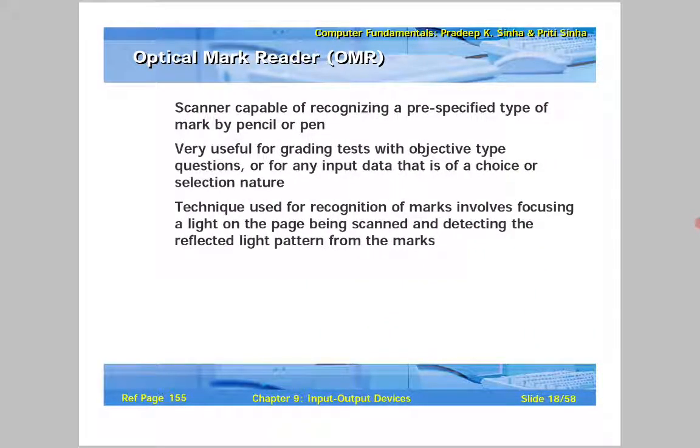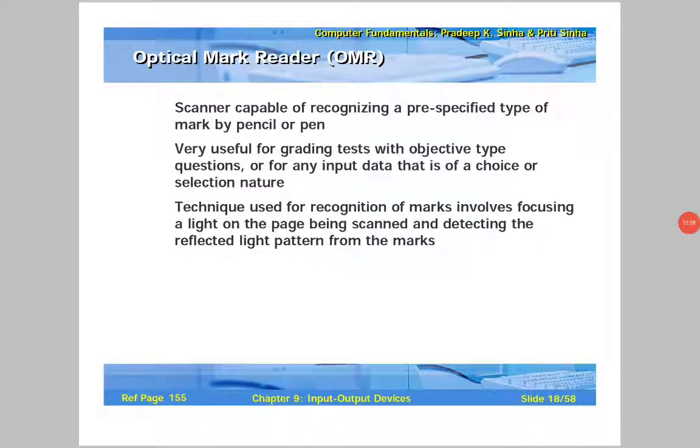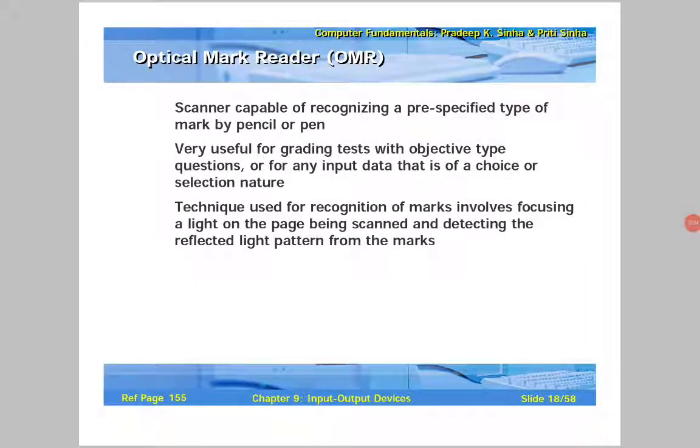And the next one is OMR. OMR means another type of input device: optical mark readers, or optical magnetic readers. Generally these are used with OMR sheets, like in competitive examinations. We fill the OMR sheets with a dark pencil or pen by marking some circles and squares with dark symbols.